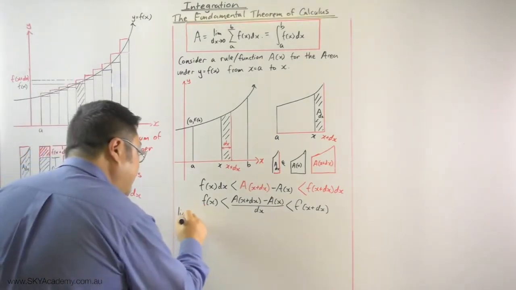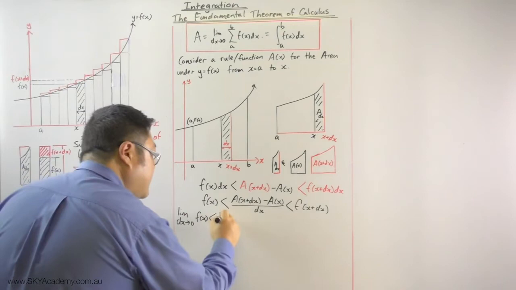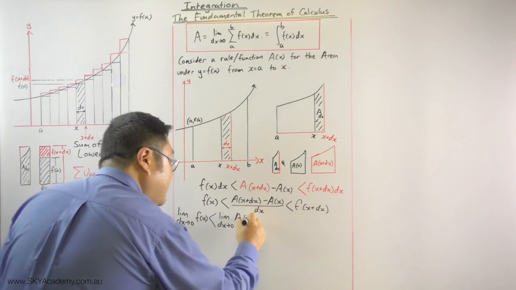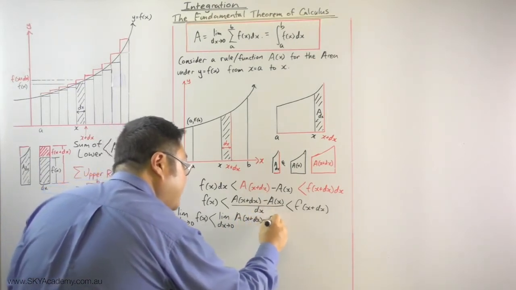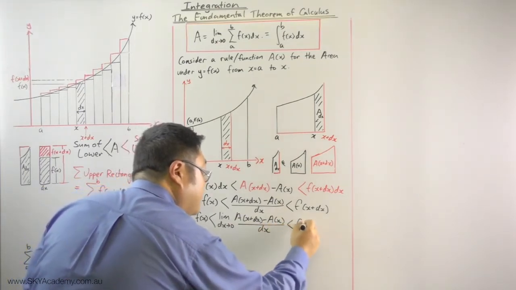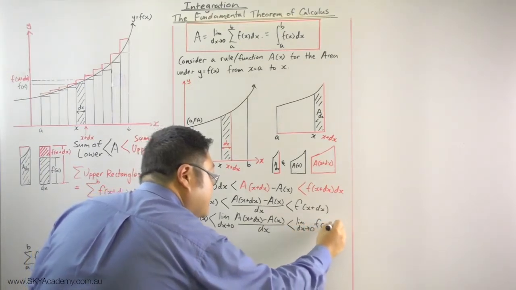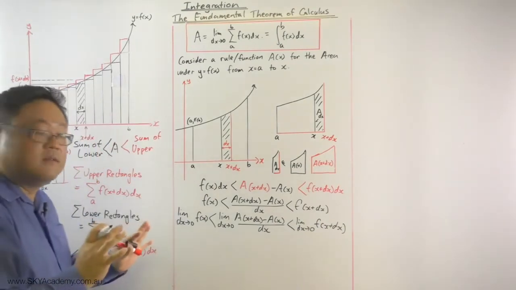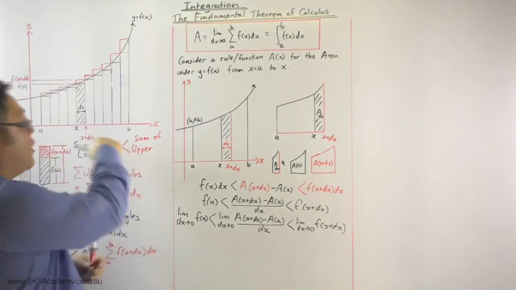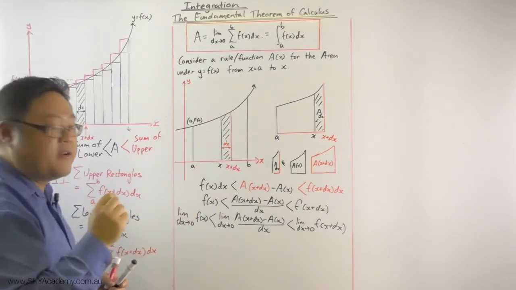So you've got the limit as dx approaches 0 for f of x, which is less than the limit as dx approaches 0 for (A of x plus dx minus A of x) over dx, which is less than the limit as dx approaches 0 for f of x plus dx. Does that make sense? All right. So basically what we're doing is we're applying the limit of what we did over here, which is basically what we need to do to sandwich it in and work out the actual area, okay?